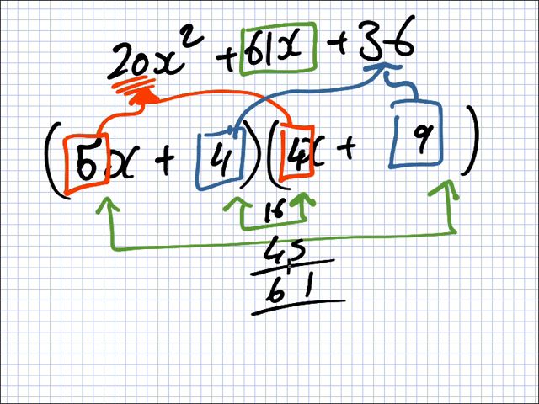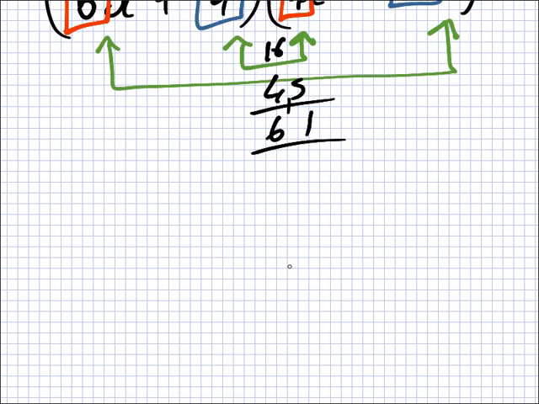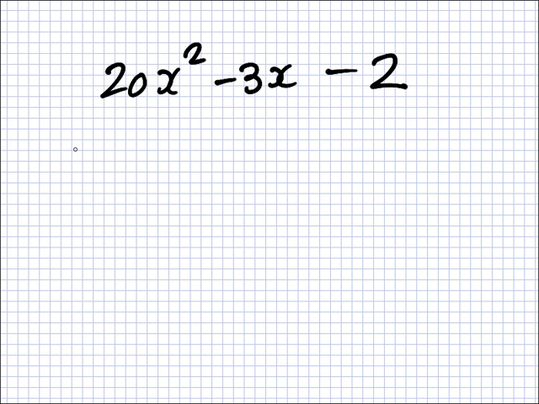Let's do one more example. Let's do the hardest one now, which is not monic and has minus in it. Okay, so let's scroll down a bit. 20x squared minus 3x minus 2.